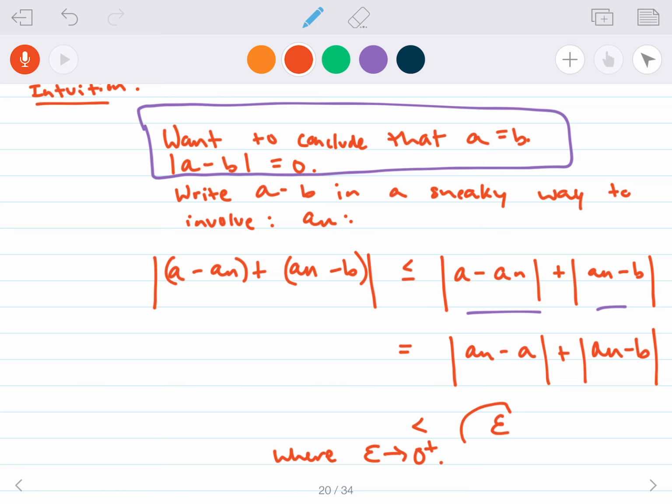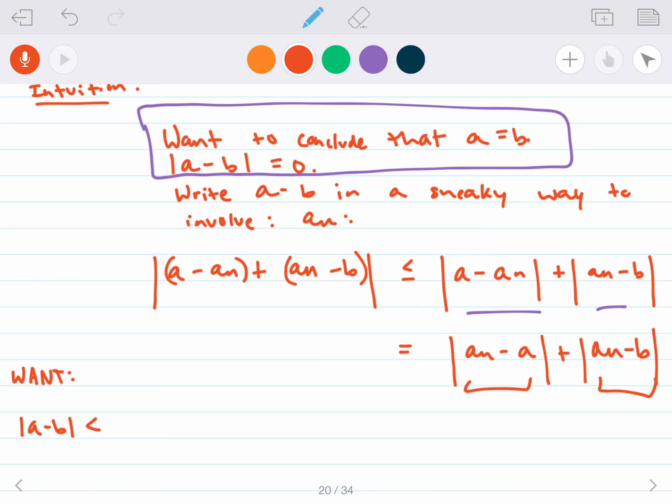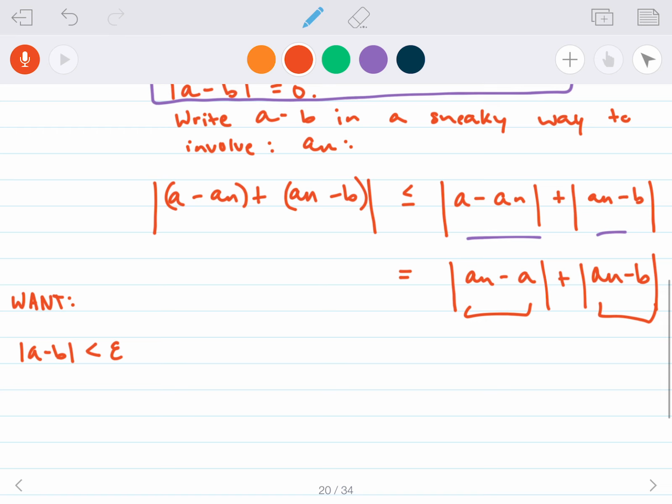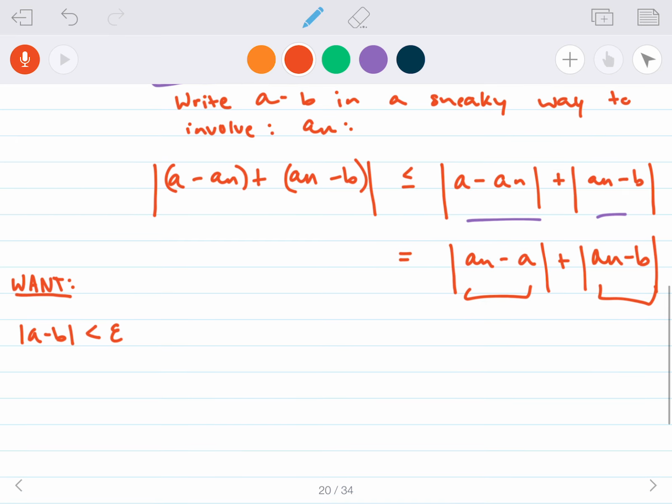Now, if I want this to be epsilon, I need to make sure this is epsilon over 2 and epsilon over 2, right? Epsilon over 2 plus epsilon over 2 is epsilon. I'm trying to make this so that I get the absolute value of a minus b less than epsilon, and then letting epsilon go to 0.